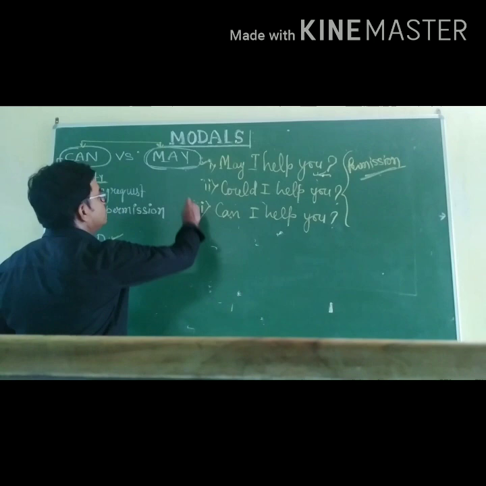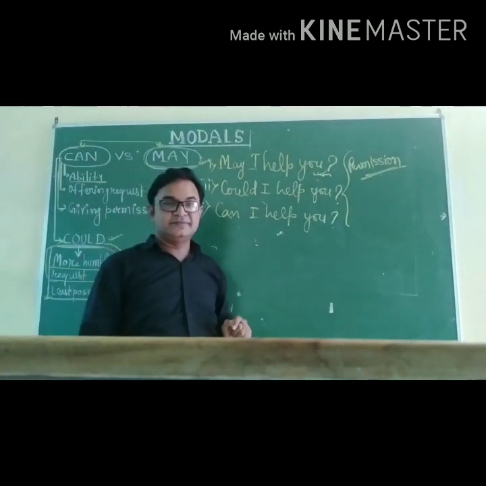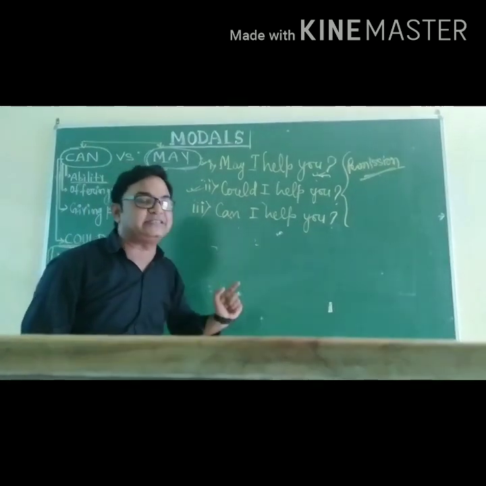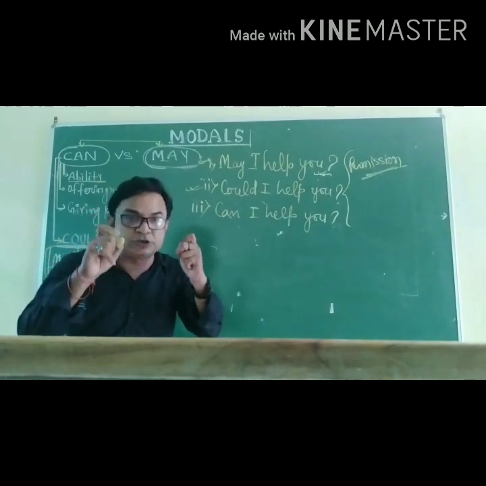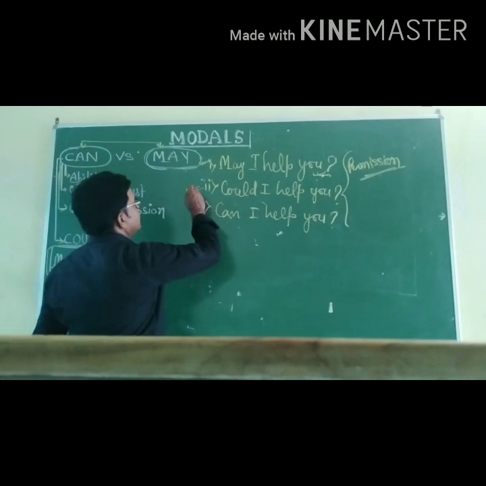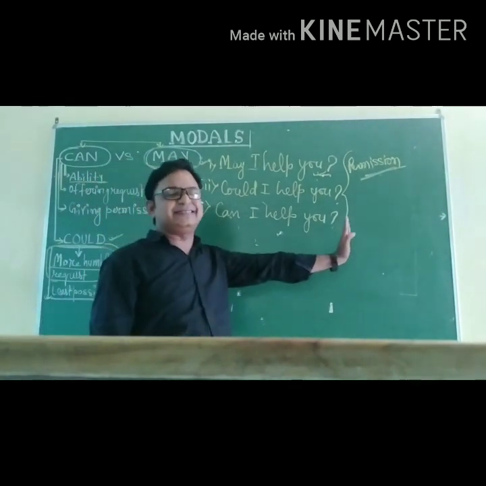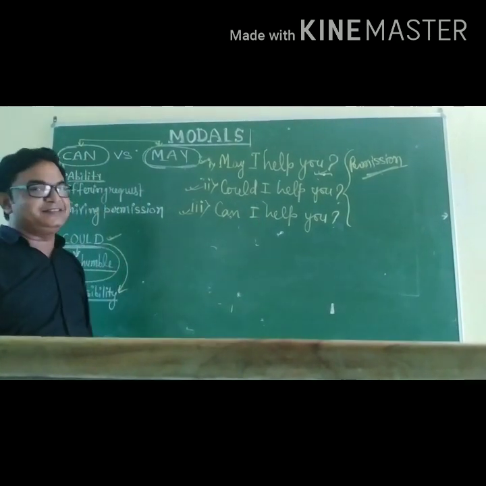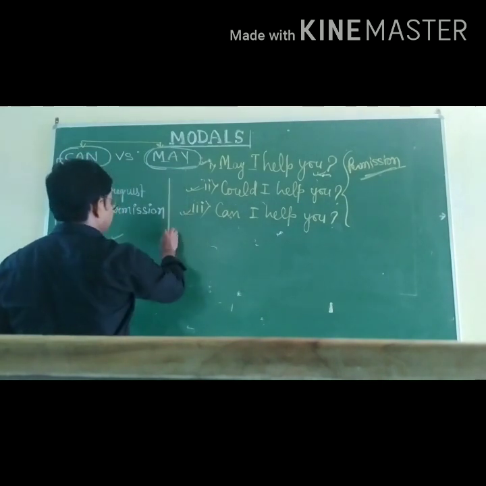Now come to sentence number 2. If you say, could I help you? That means the person you are making the request to is almost forced to accept your help. That's why it is called a more humble request. Now if you say, can I help you? This is a more casual request. Okay children? Fine.